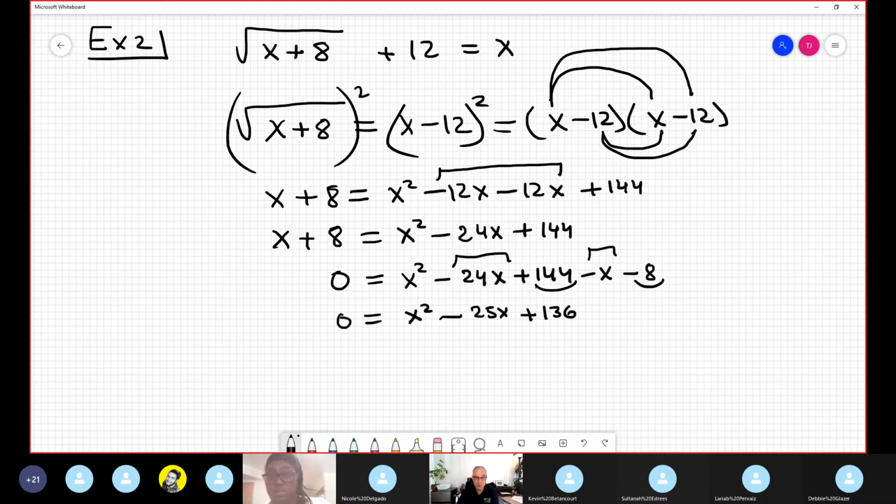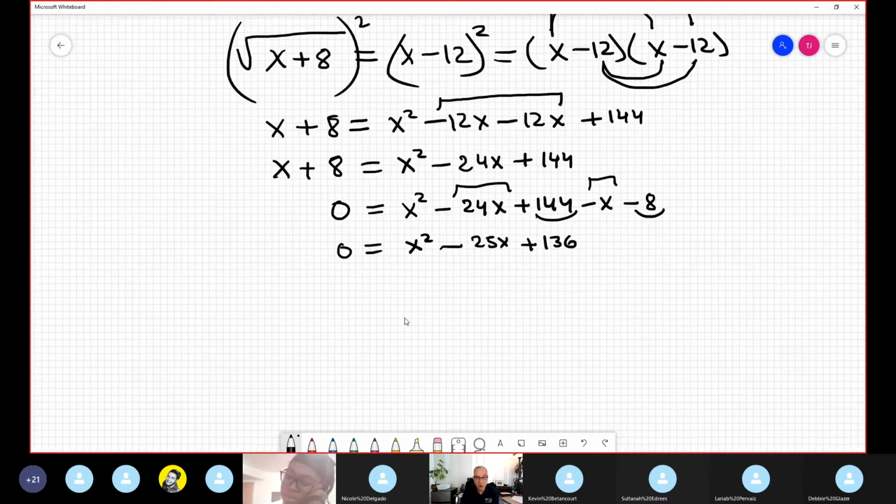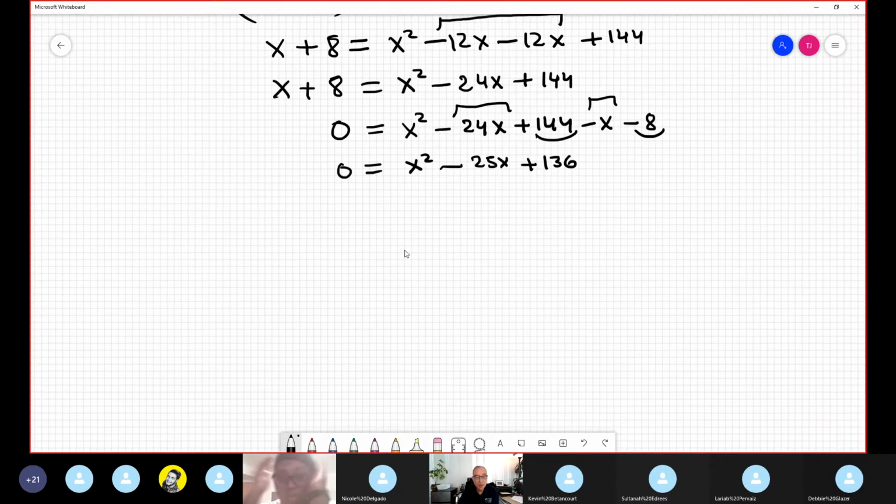If you feel more comfortable expressing the equation like that, it's okay. You interchange the terms and nothing happens. And this is my equation, the equation that helps me to solve the radical equation.